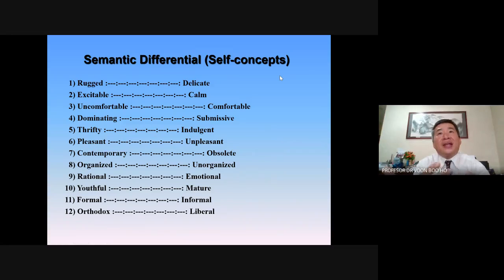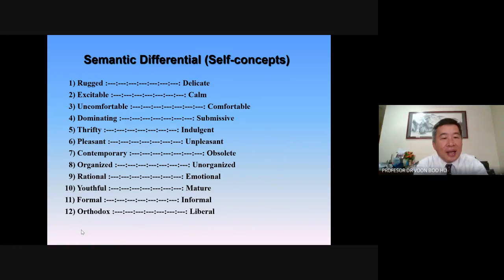So you really need the literature to help you. What are the words to be used? Or use the qualitative research to help you. What are the words to be used? Of course, once you have the list of words, you need to find the respective antonyms, the opposite meaning, right?